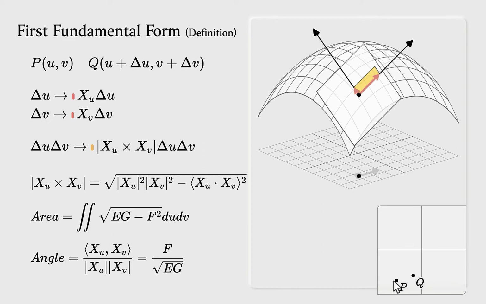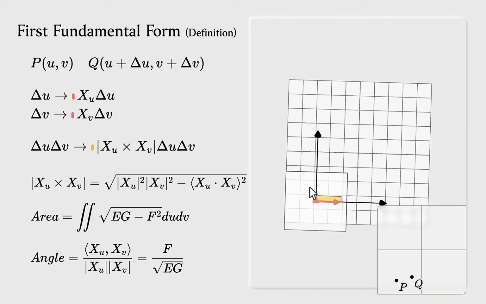Here we have two points P and Q. The little distance between them is delta U, and the vertical one is delta V. When the points move in this direction, the point on the surface moves in this direction by this much. So the little area, delta U and delta V, becomes this yellow area.